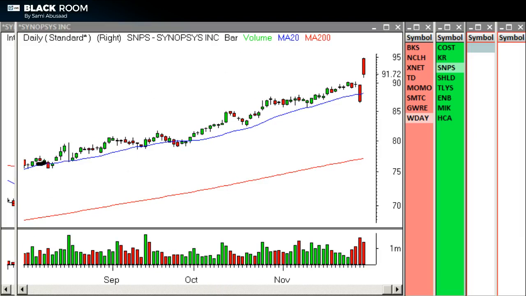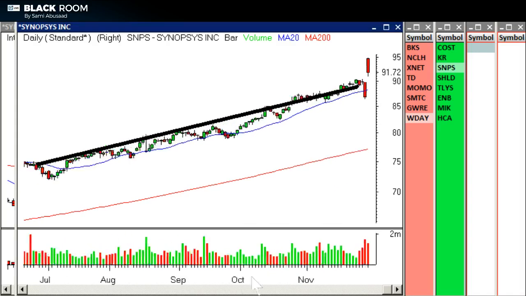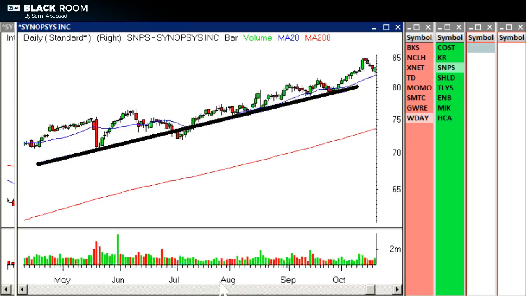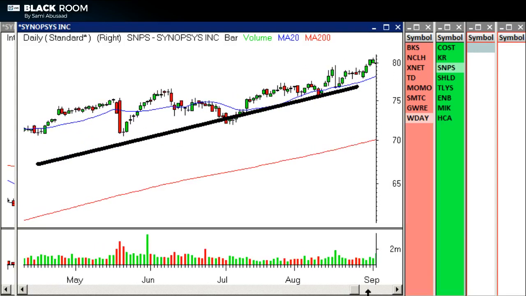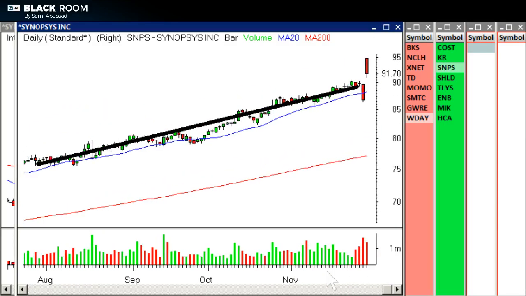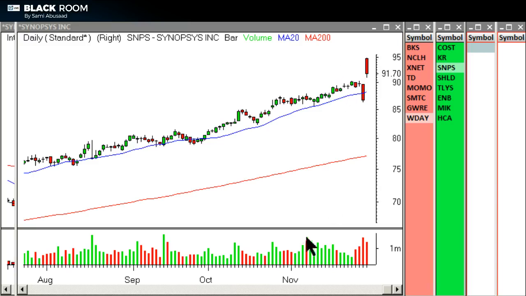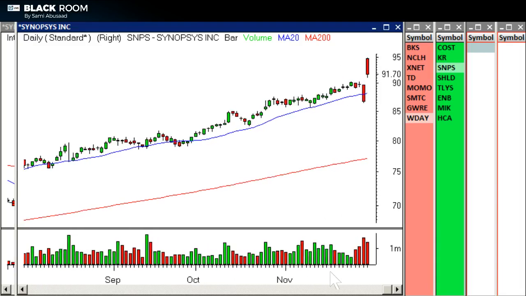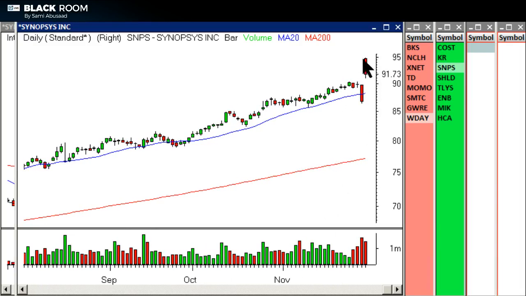Look at this. The professionals have been buying it a lot all this time, and we can even zoom out more, right? So it's been up and up and up and up. So big money takes advantage of earnings announcements, which attract a lot of attention, and they dump their shares. It gives them a market to exit their position. So this was up so much on the daily chart, and today's gap was well above the resistance.